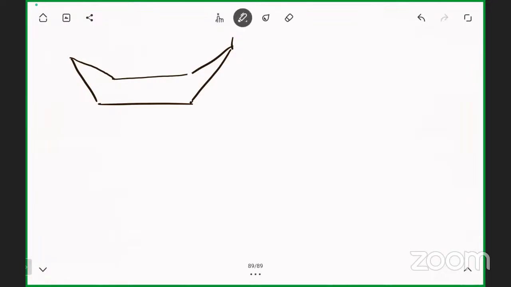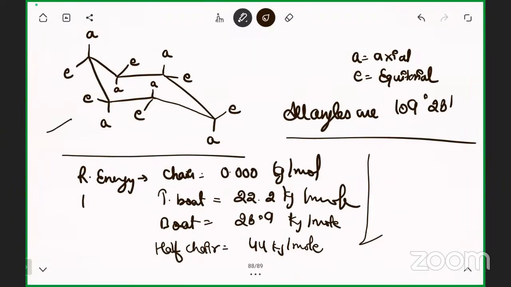This is axial, this is axial, this is axial, this is axial. And then equatorial, equatorial, equatorial, equatorial, or here equatorial. So you can make it like this. Just remember the boat form and the chair form, and then it will be done.